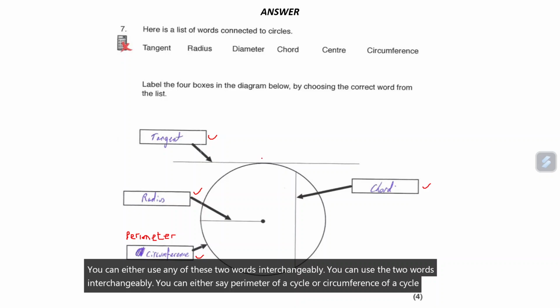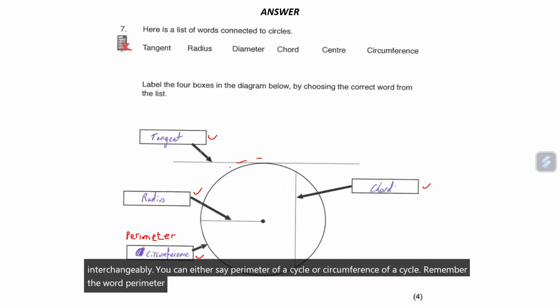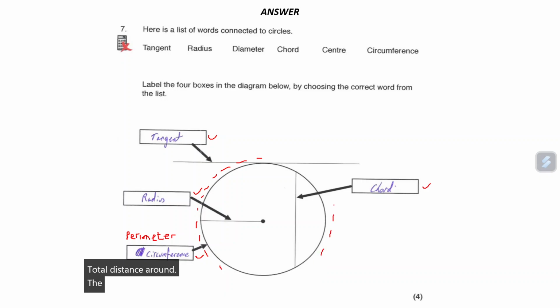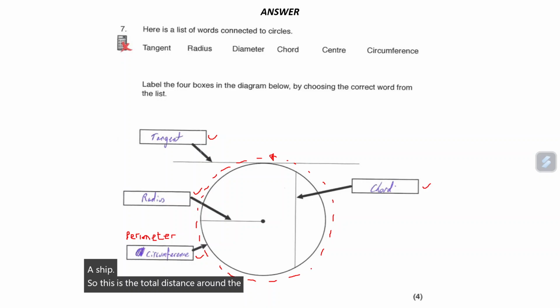Remember, the word perimeter is the total distance around a shape. So this is the total distance around the circle, and it is also known as the circumference.